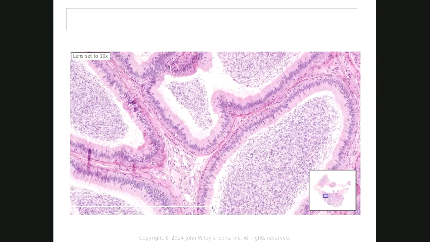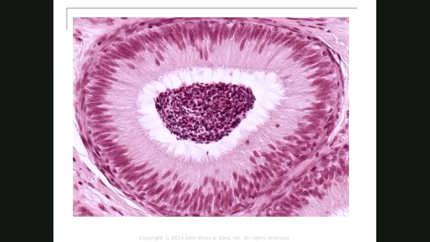Here you can see the cross section of the epididymis. As you see here, it's a very coiled tube. And in the next slide, you can see it in larger magnification. In larger magnification, each cross section contains pseudostratified epithelium. As you see here, we have columnar cells, and the levels of the nuclei in these columnar cells are at different levels.